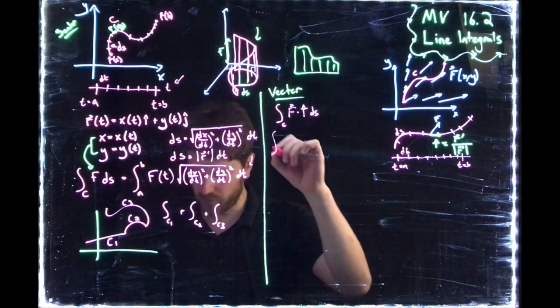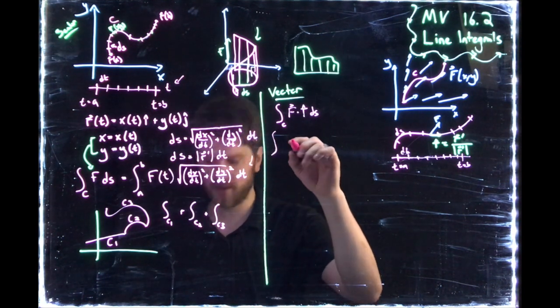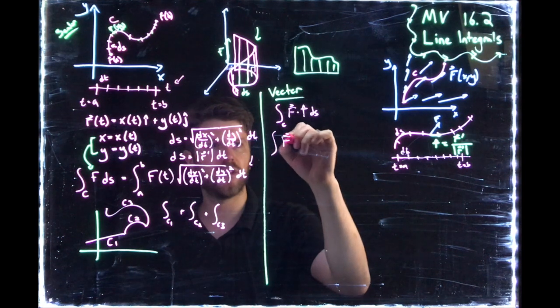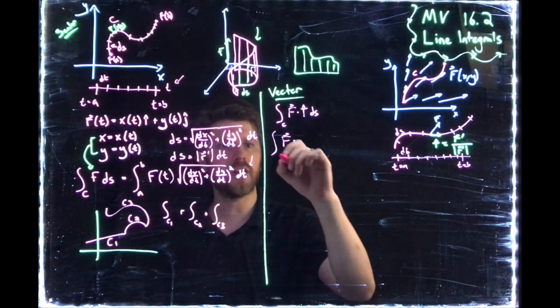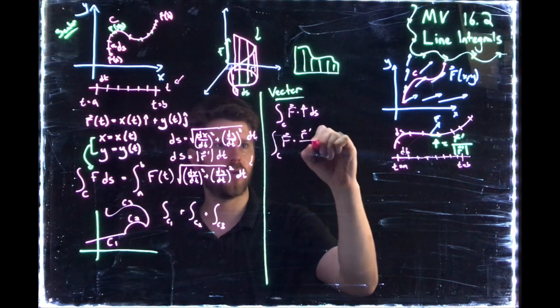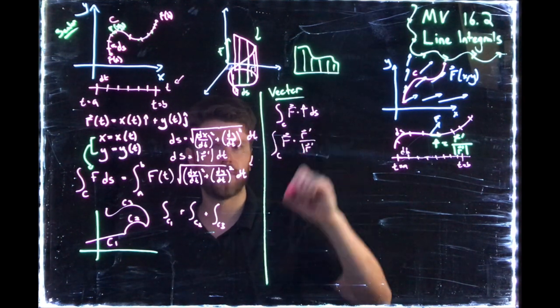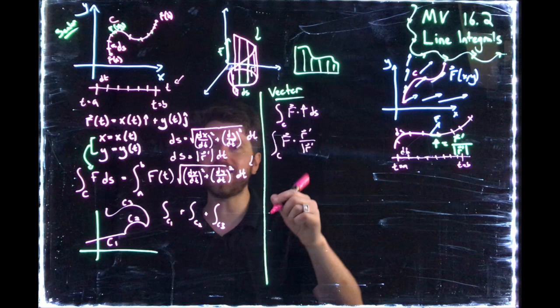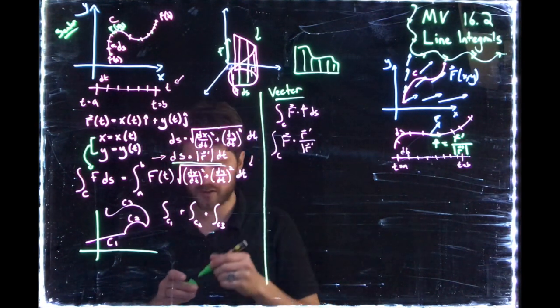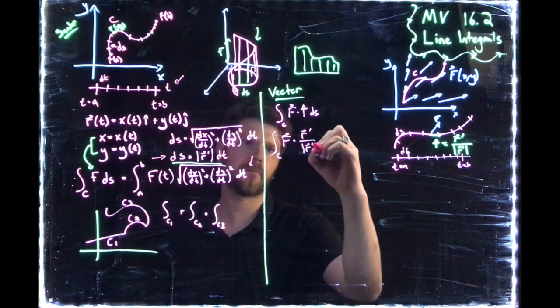And so what we're going to do is remind ourselves that this is a vector field F dotted with, okay, the unit tangent vector is r prime over the magnitude of r prime. But we remember that ds is itself the magnitude of r prime dt.